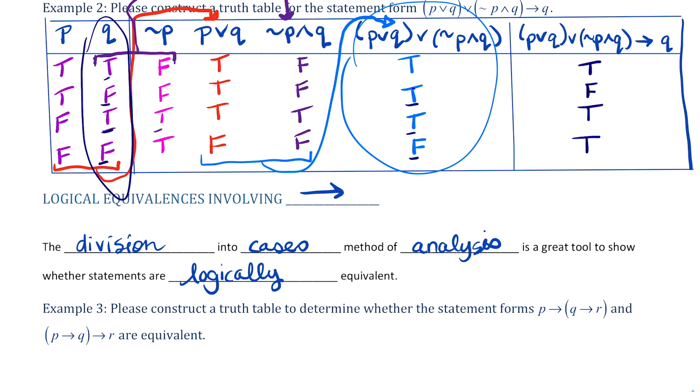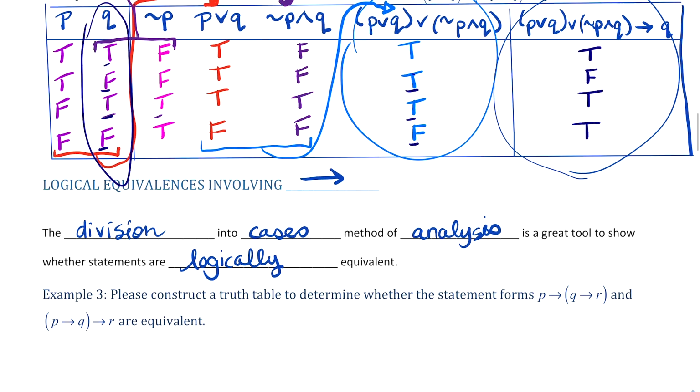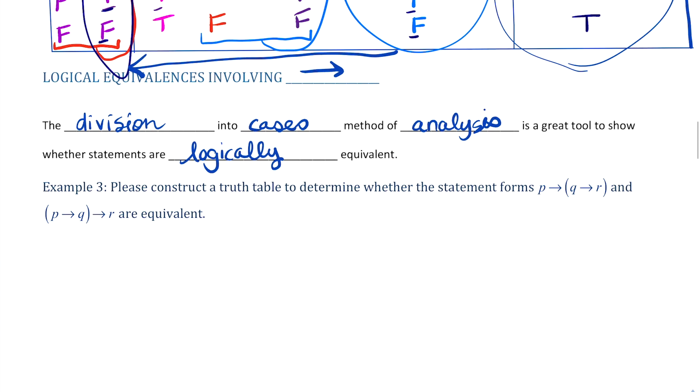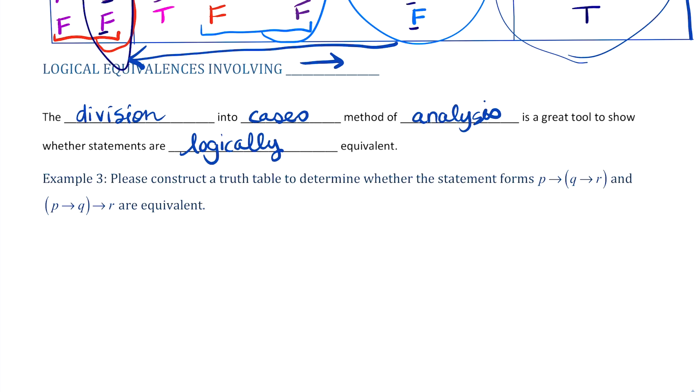These were just the truth tables because we were just getting the truth values at the end of the day of this one here, the if this guy, then the Q. Now, we want to be able to go through and compare, to see if statements are logically equivalent, right?